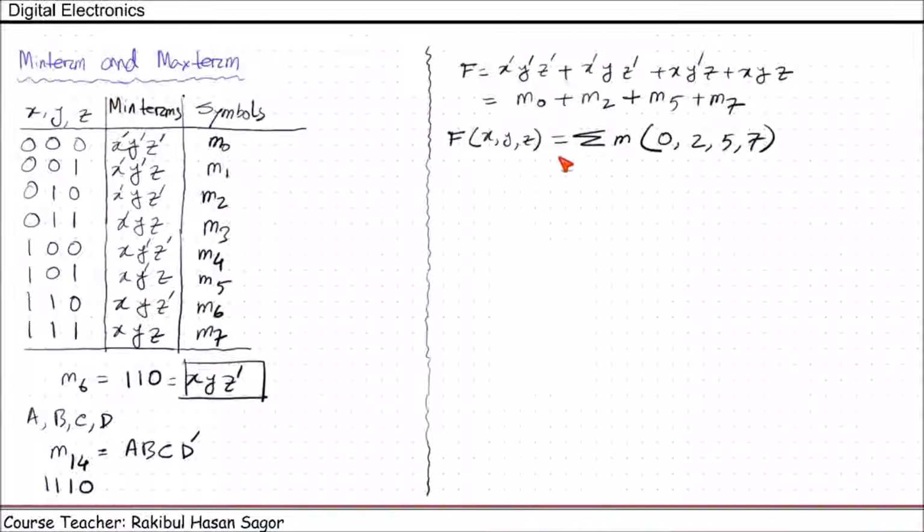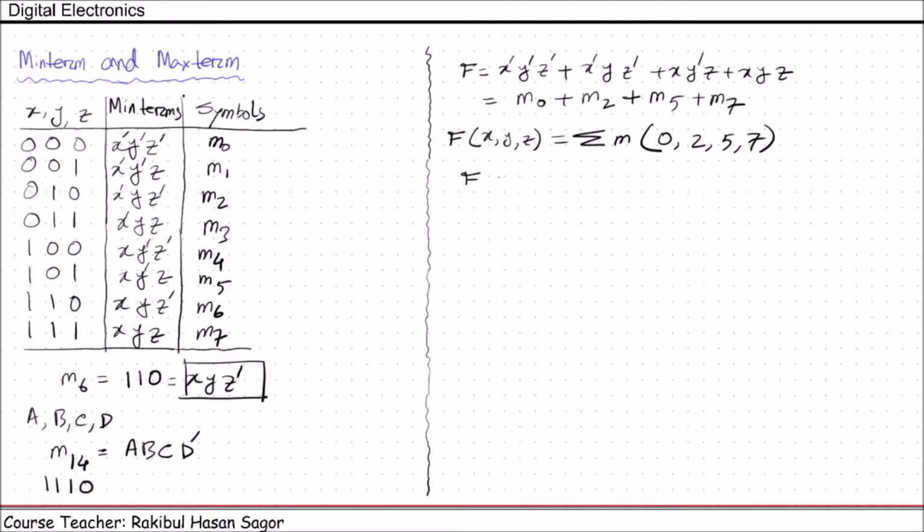If you are asked to extract the function from this notation, we have f of x, y, z. That means there are 3 variables named x, y, z, and we have the sum term, so it will be minterm 0, minterm 2, minterm 5 and minterm 7.